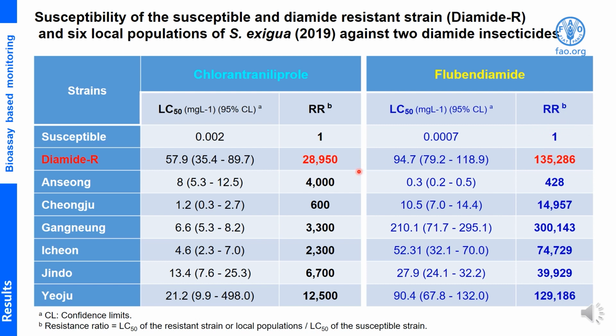That is cross resistance. And not only this resistant strain, but other local populations, particularly Yeoju and others, also showed a high level of insecticide resistance.